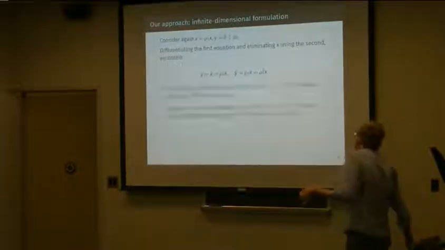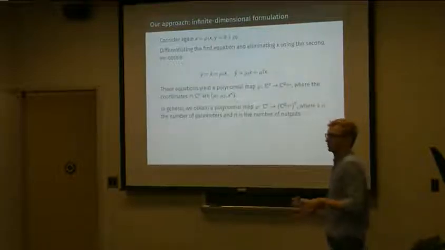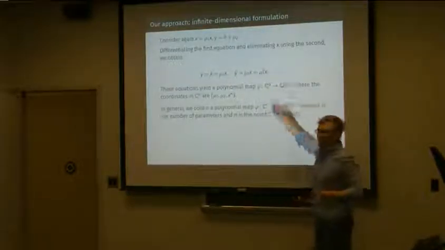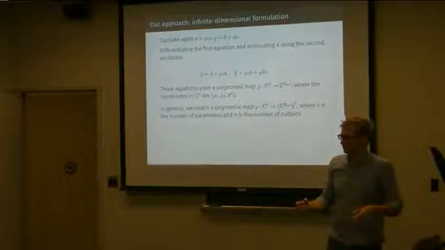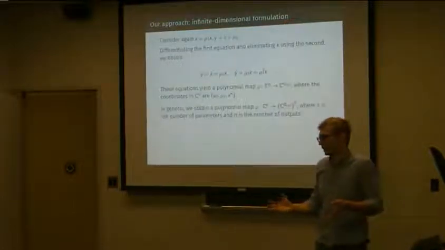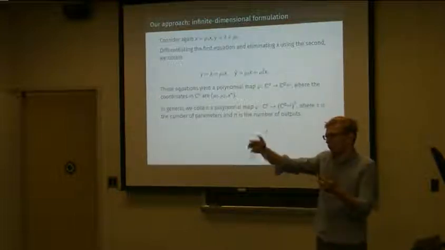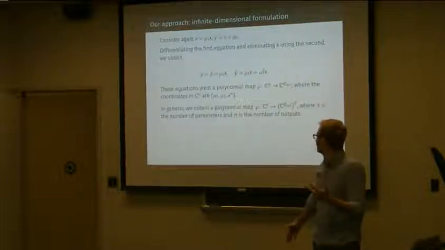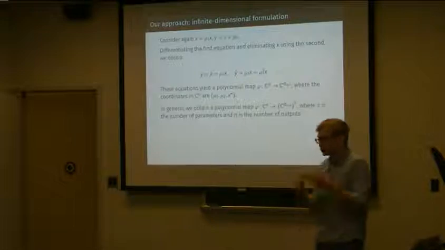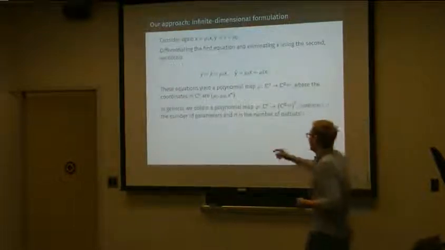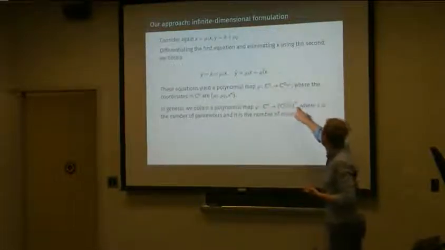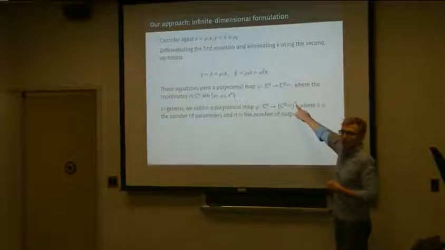So geometrically, this is a map from C^3 to C^infinity. I map every triple mu1, mu2, x to the whole bunch of derivatives of y. In general, you have s parameters and you have several outputs.